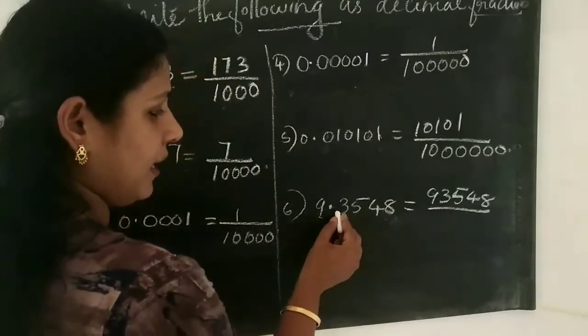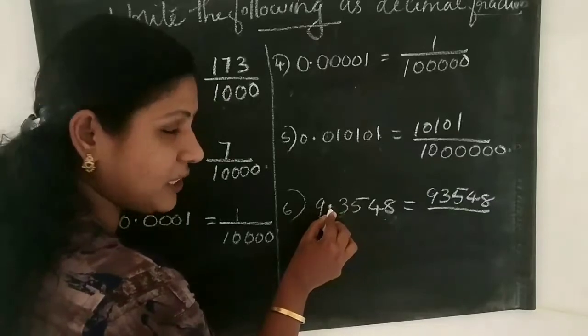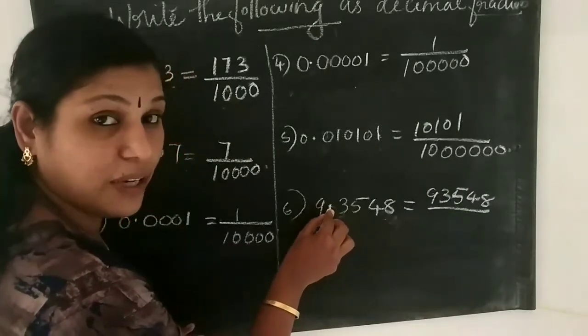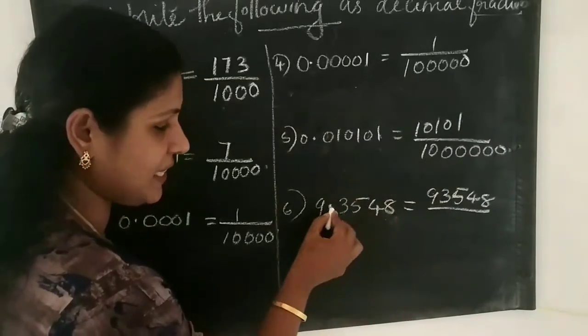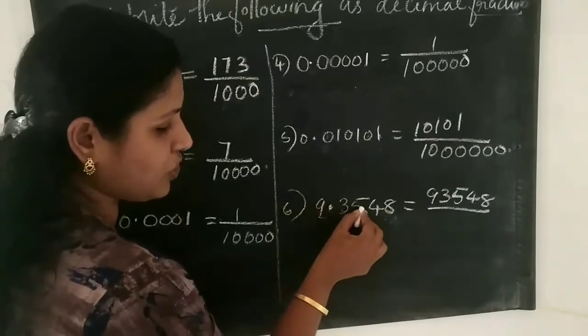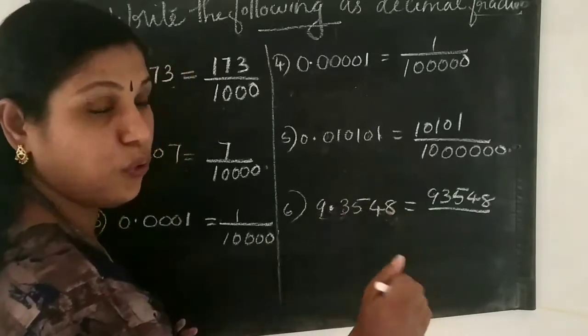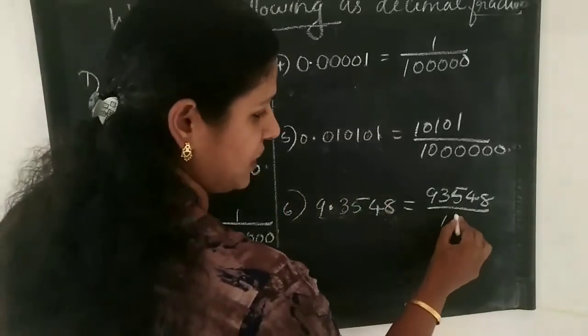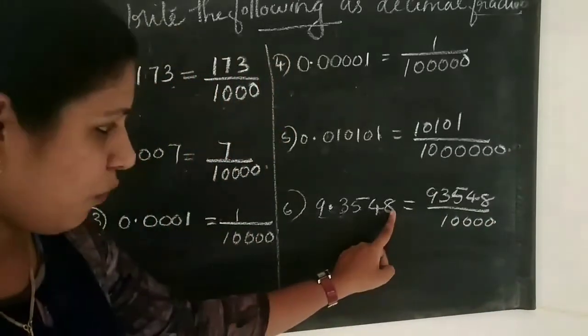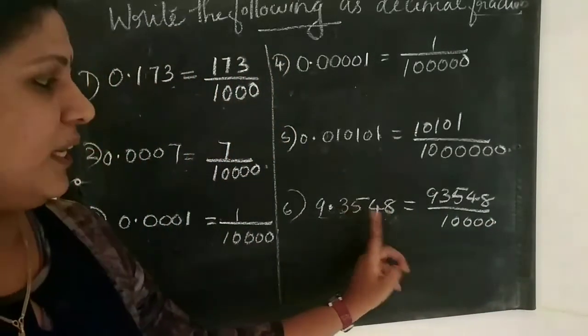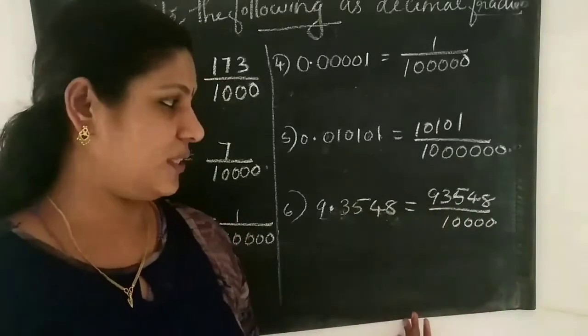You count the place value on the right side, 1 2 3 4, so we need 4 zeros.